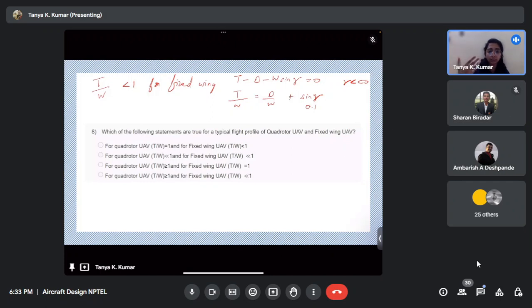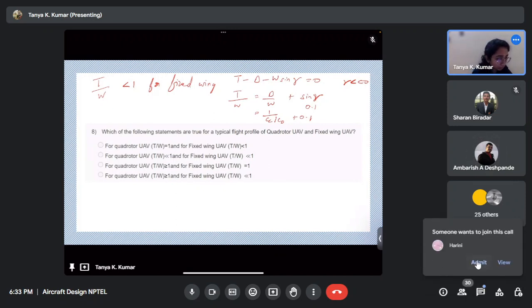And your D by W is nothing but the inverse of the CL by CD ratio, right? So CL by CD is usually around 10, 15, something around there. So this is nothing but 1 by CL by CD plus 0.1. So this will always be a value less than 1, correct? So for a fixed wing, this is the typical range.